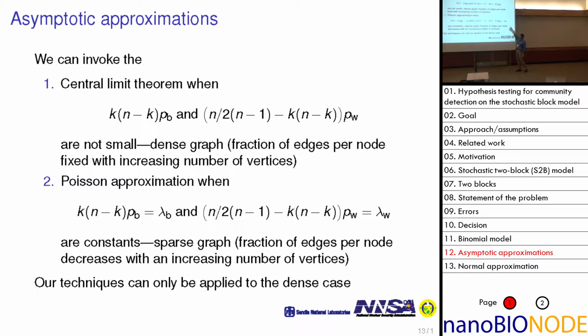So we're really going to focus on the dense case. In the papers I discussed, the ones doing hypothesis testing, the state of the art right now is results for what amount to dense graphs.